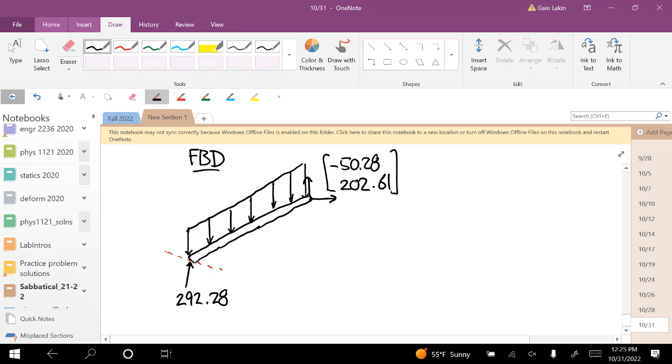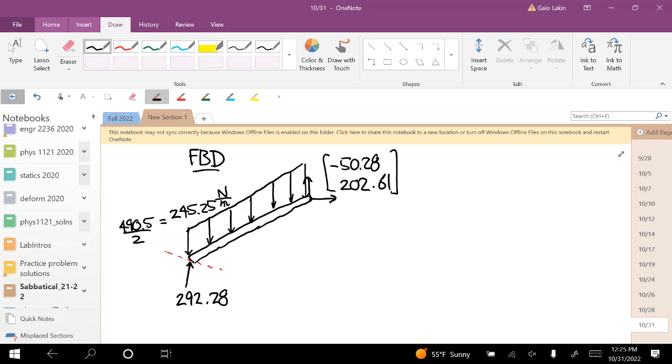And what's the magnitude of that distributed load? 490.5 divided by the length. So 490.5, in this case, divided by 2, so 245.25 newtons per meter. Not integrating over it, it's just simple.